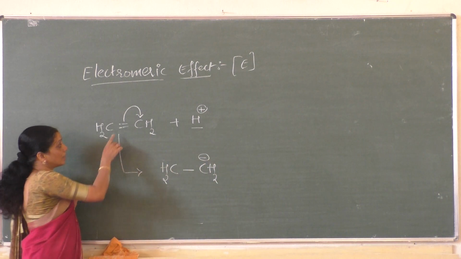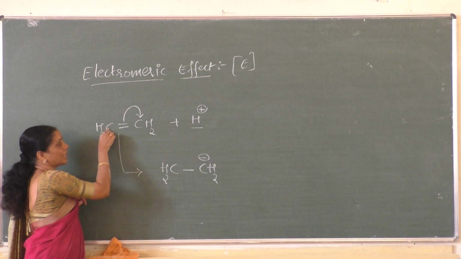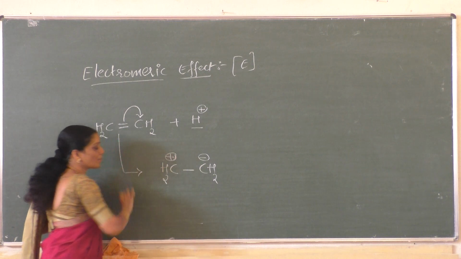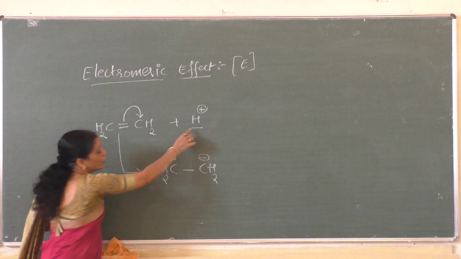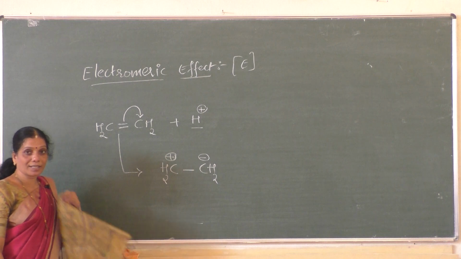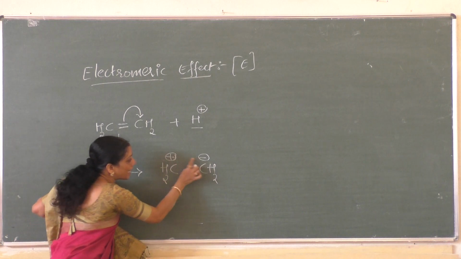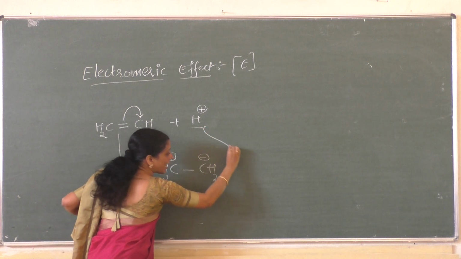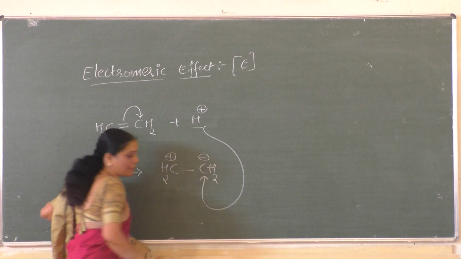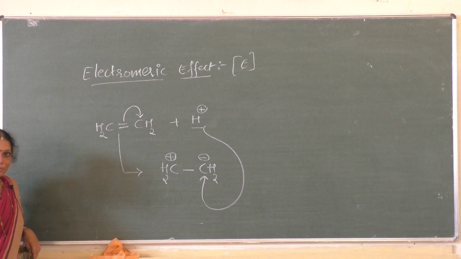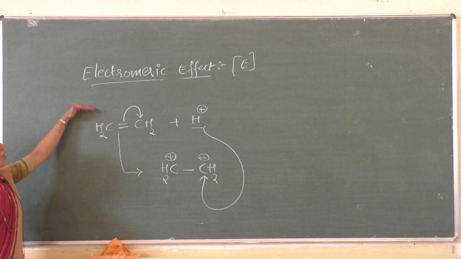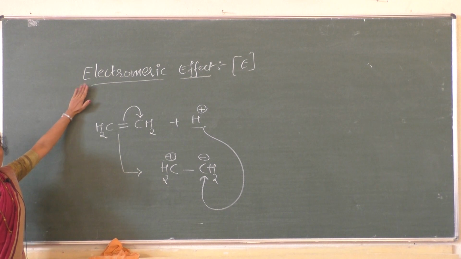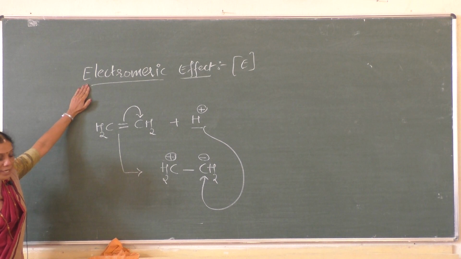Minus. This carbon atom loses its electron, one electron, it becomes what? Plus. See, under the influence of the attacking agent, what happened here? Polarity is created. Now this can attack readily to what? Negatively charged carbon. Understood? This effect is always called what? Electromeric effect. Followed, students?